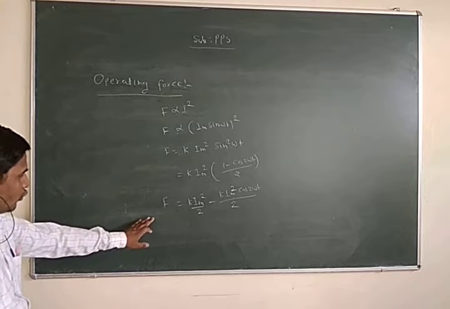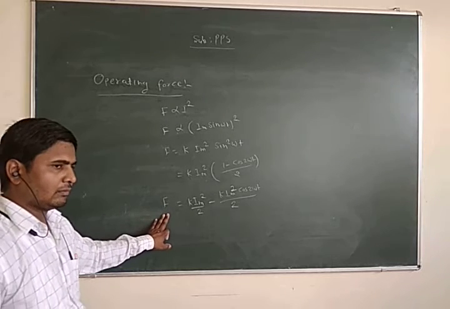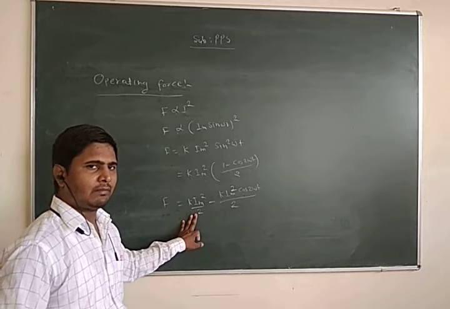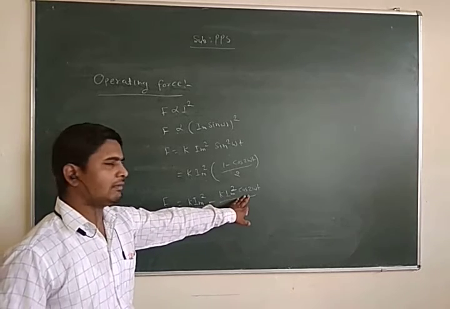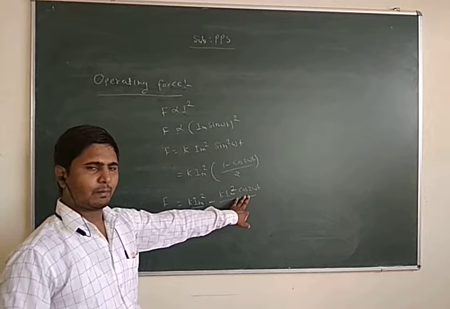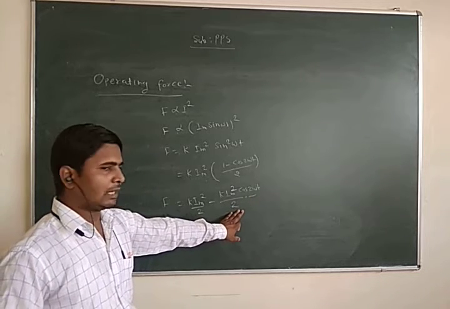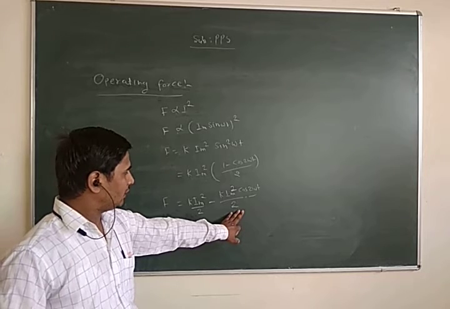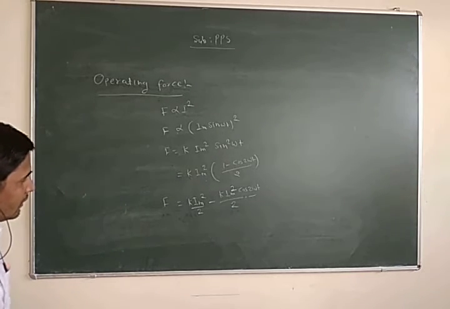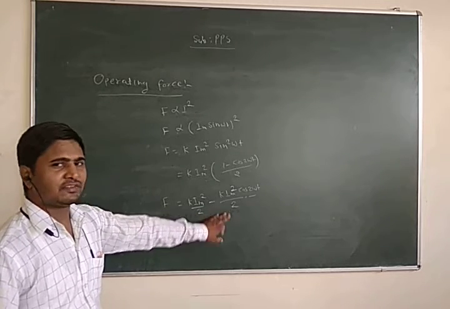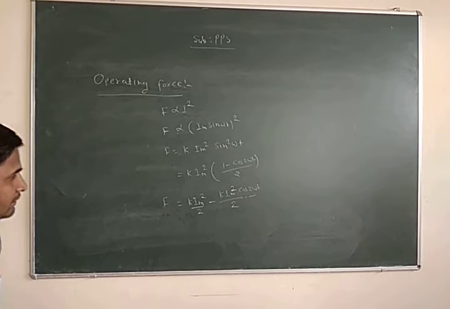So there are two parts of the force. One is independent of time and the second is a double frequency component. Due to this double frequency component, the armature of the coil gets vibrated. This vibration is avoided using a restraining spring.